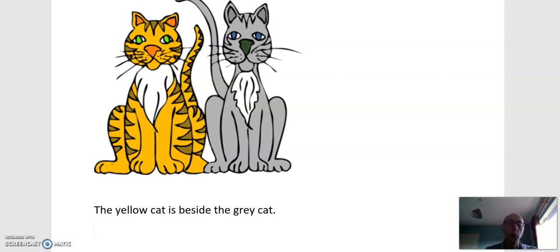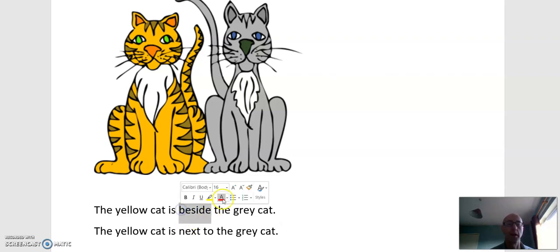What's the other word we can use? What's the other word that means the same as beside? We can also say the yellow cat is next to the grey cat. Remember, beside and next to have the same meaning.